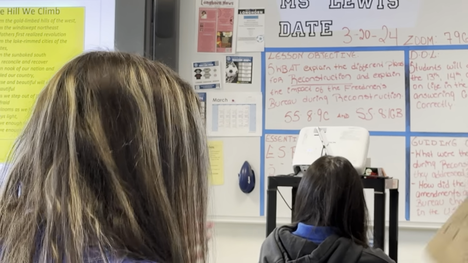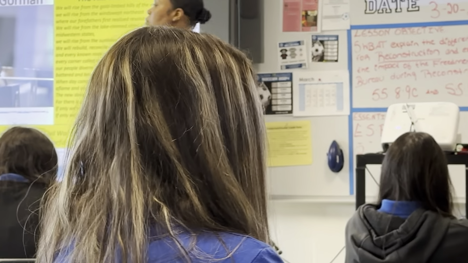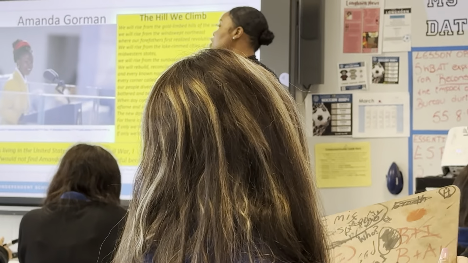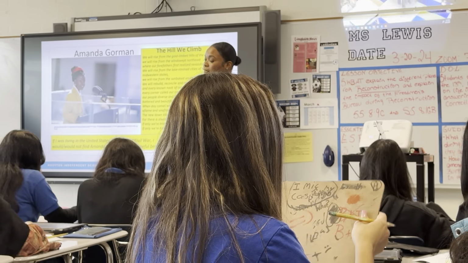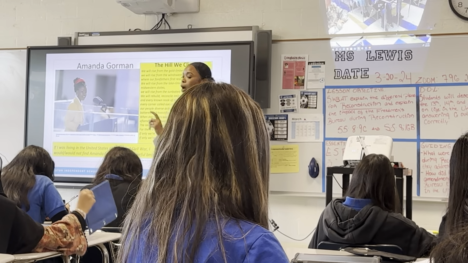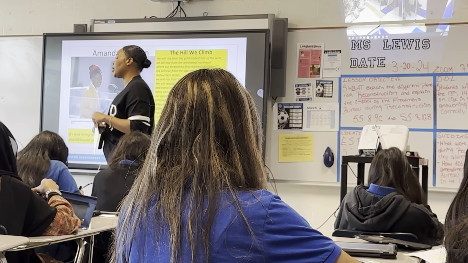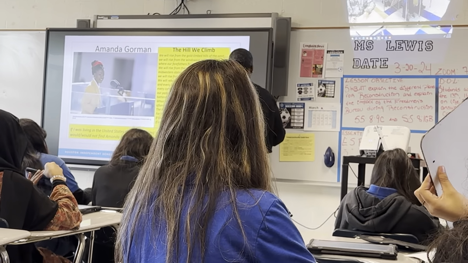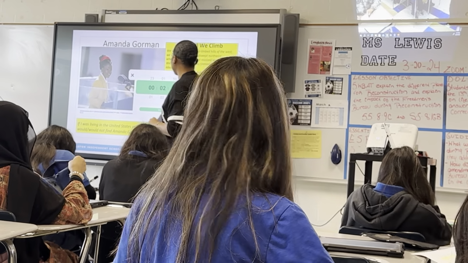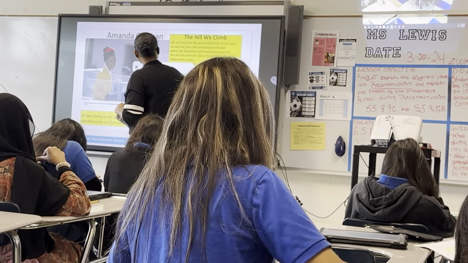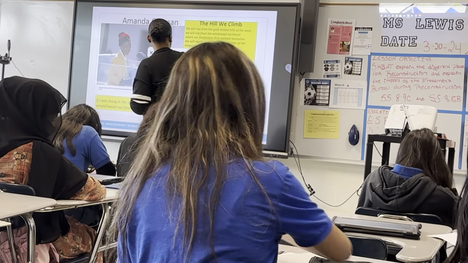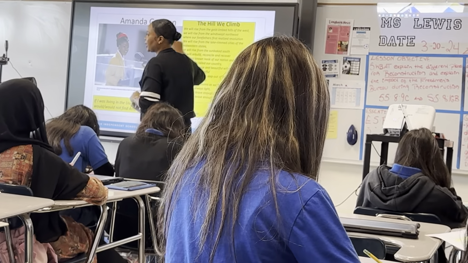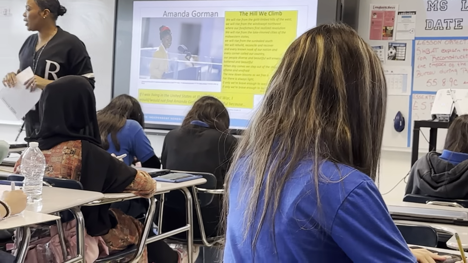On your whiteboard, when it comes to our lesson objective, has she used a word that ties into what we're going to be learning about today? If so, I want you to write that word on your whiteboard. I'm going to give you 30 seconds. Look over the words and tell me, does Amanda's poem include the topic we're going to be learning about in our lesson? 30 seconds. What is that word?